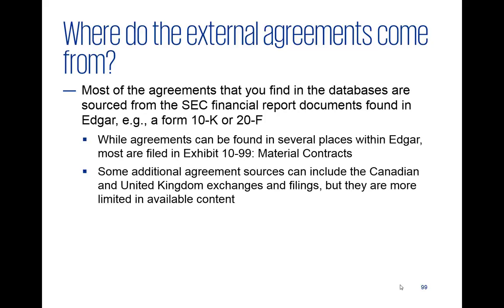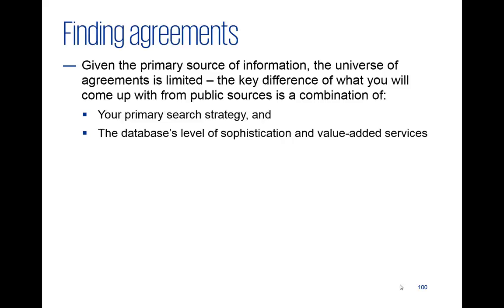But here's where you generally find these types of sources. There are some other places that people will look. Say, for example, it may come up in court filings, etc. But primarily, it's going to be things filed with the SEC in the financial reporting world. That said, your ability to get through to this information is going to be constrained. What you can find from this is going to be limited.